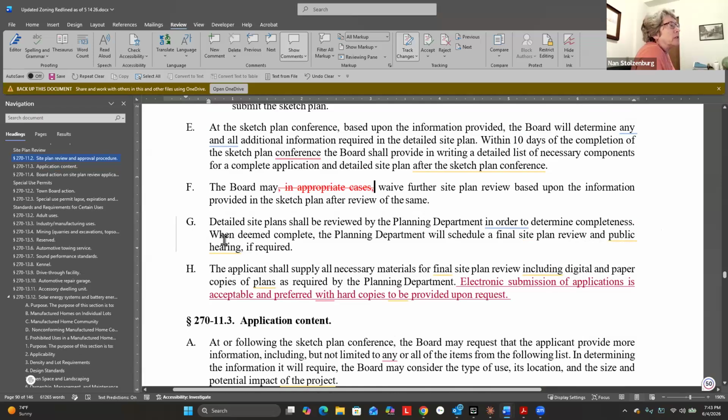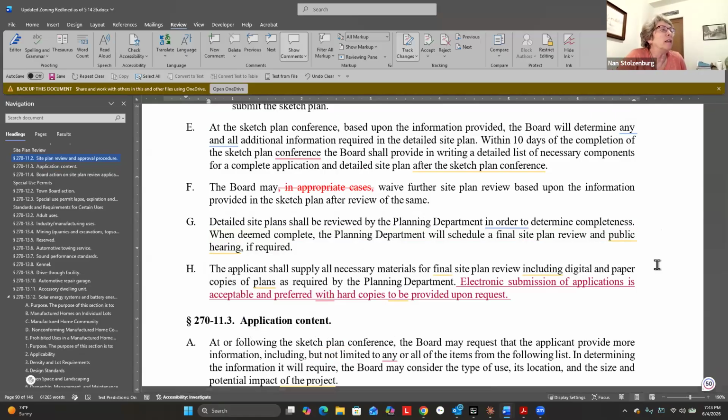Well, we talk about that when deemed complete. Wait, why does it say the planning department? So this was one of the things I didn't change, but I guess I'm a little uncomfortable with the planning department determining that an application is complete.